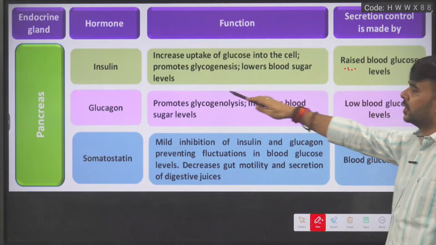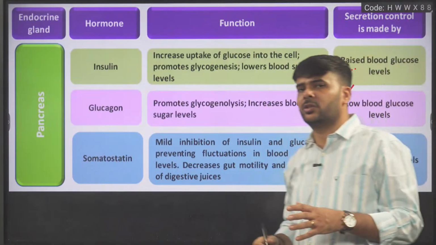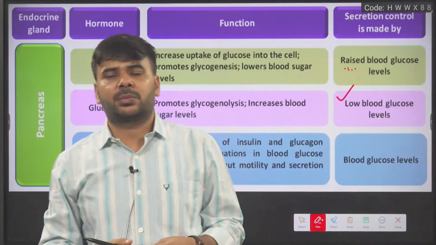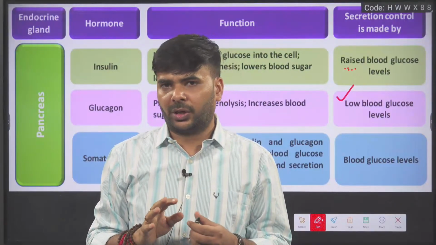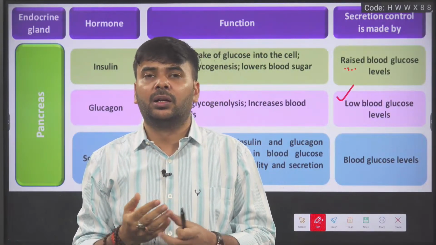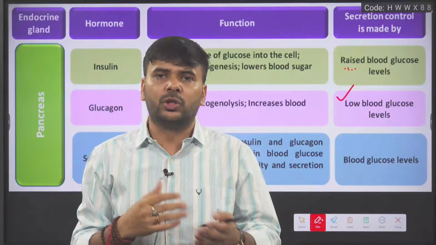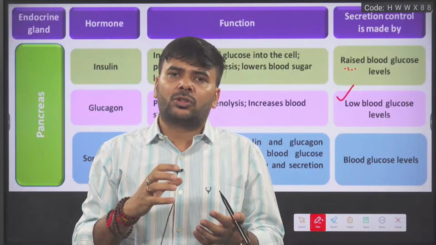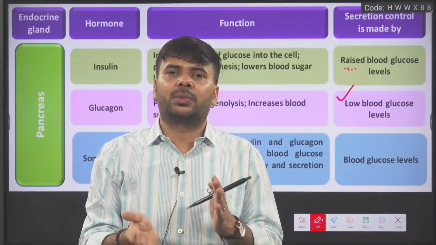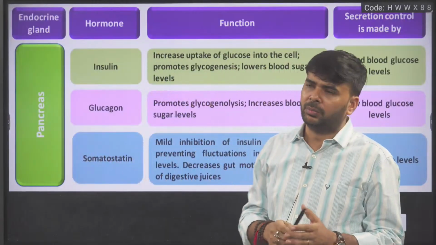When there is low blood glucose, say in the evening after you have taken your snacks, glucagon is working in your body. By 9 o'clock, when you're waiting for your dinner and then have taken it, insulin will work. So glucagon and insulin balance your blood glucose.